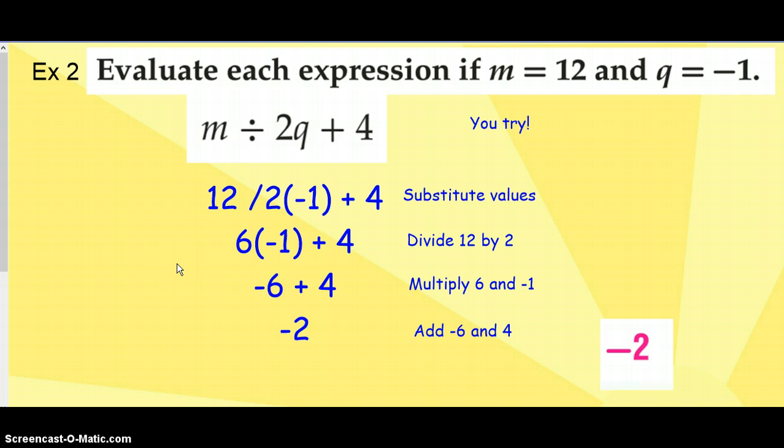So we move to the next step. Exponents. There are no exponents, so we skip that. And then we do our multiplication and division left to right. So 12 divided by 2 is 6. And then we do our multiplication. 6 times -1 is -6.